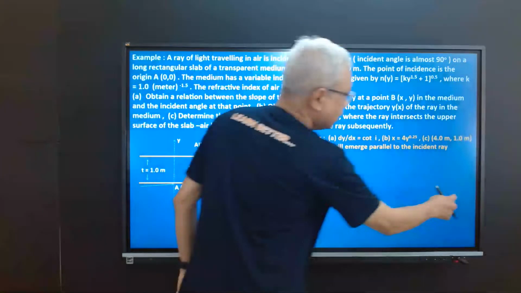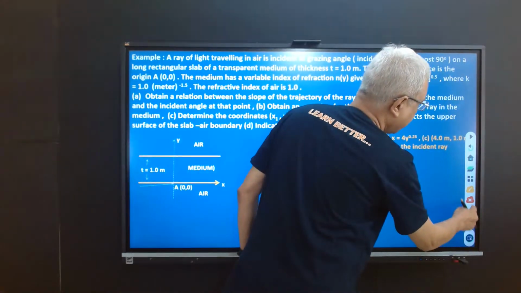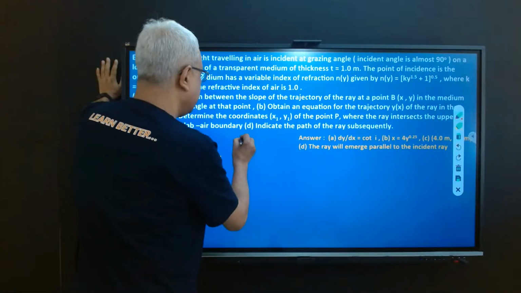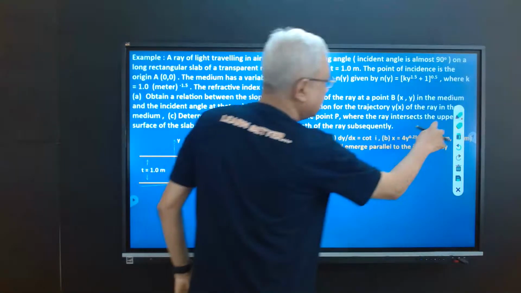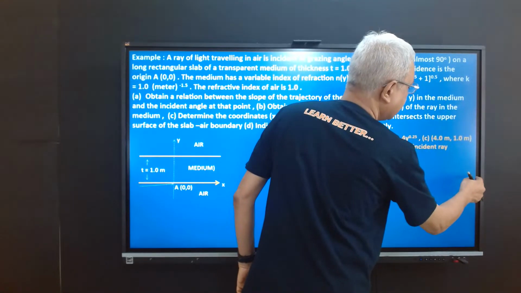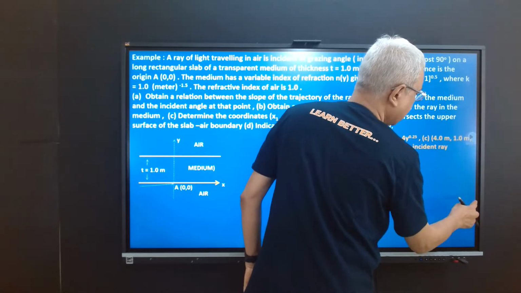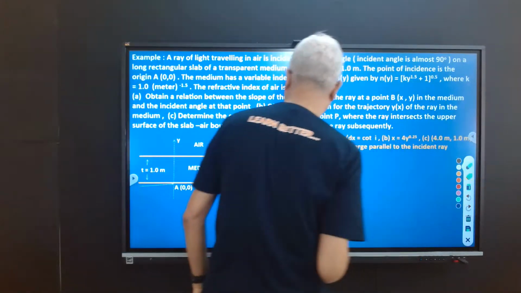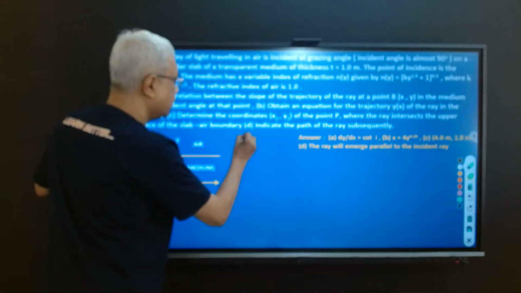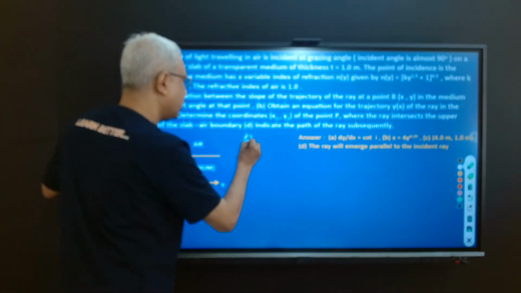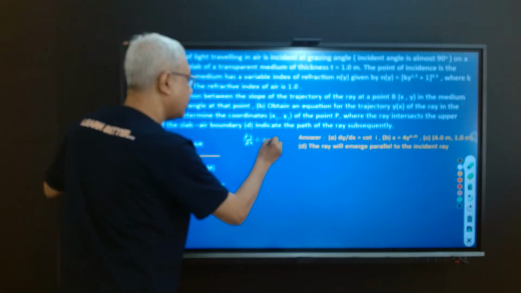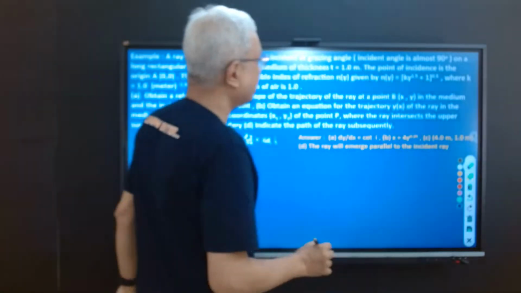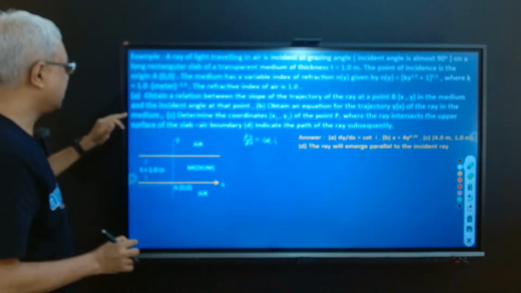Okay, so let us proceed to the next part of the problem. We have already found that dy/dx equals cot I. Now, the second part: obtain the equation for the trajectory y(x) of the ray in the medium.